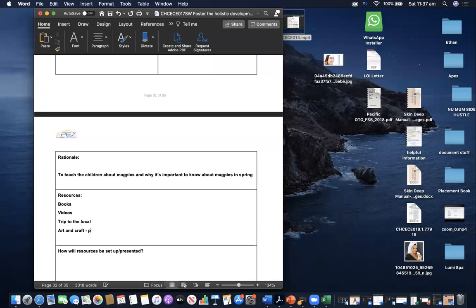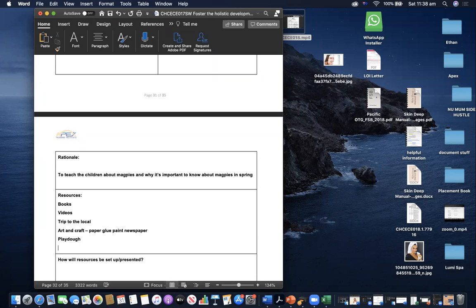So I'm going to need paper, glue, paint, newspaper, and so on. Okay, we might even do Play-Doh. We might make magpies out of Play-Doh. We might make a bird's nest, and then you might need whatever you need for your bird's nest.